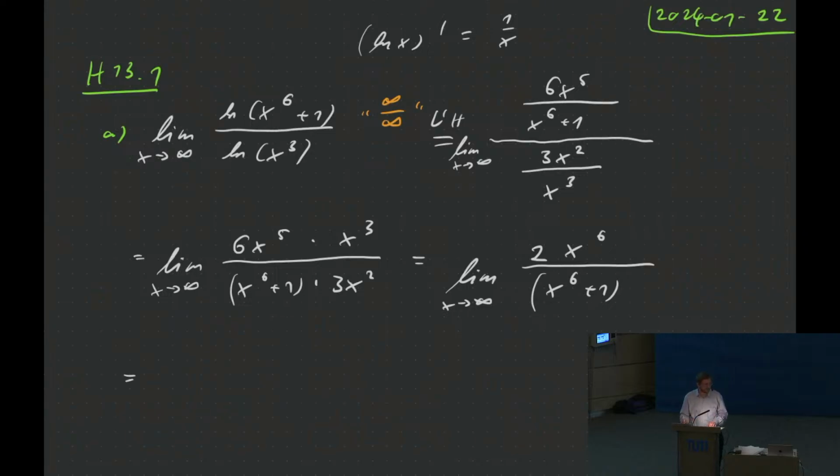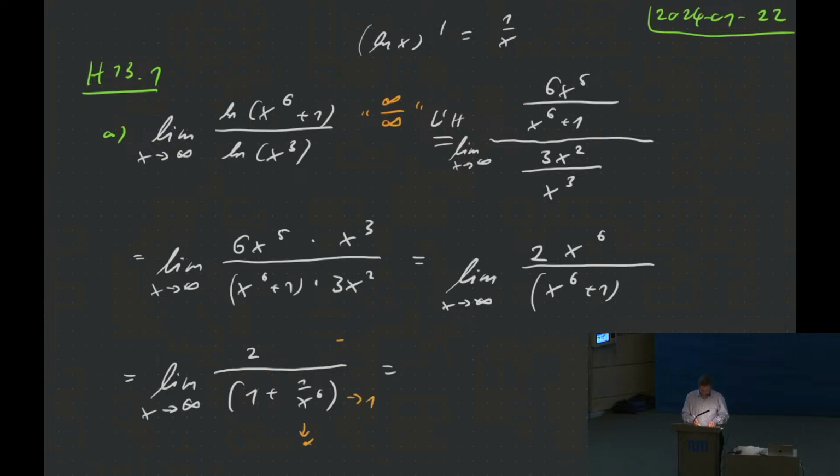And now we have a situation that we know how to handle. It's polynomial over polynomial, basically. So we usually divide by the highest power. In that case, that is x to the power of 6. And that means we get 2 over 1 plus 1 over x to the power of 6. So obviously, this 1 over x to the 6 tends to 0.